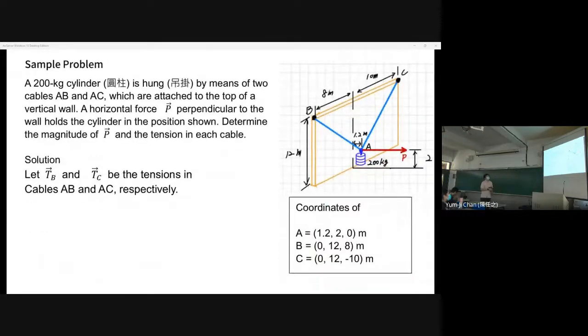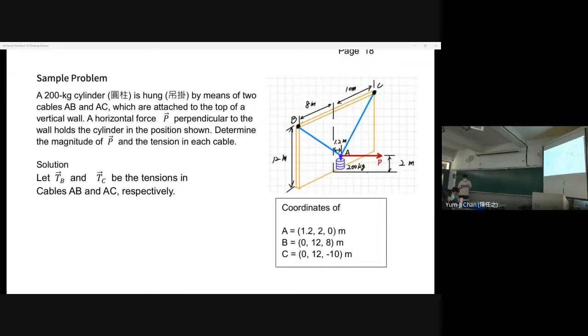So here is a sample problem. We have a 200 kg cylinder, and it is hanging, the original verb is hang, by means of two cables AB and AC, and these are attached to a vertical wall.